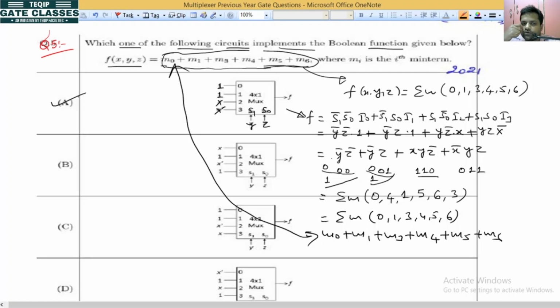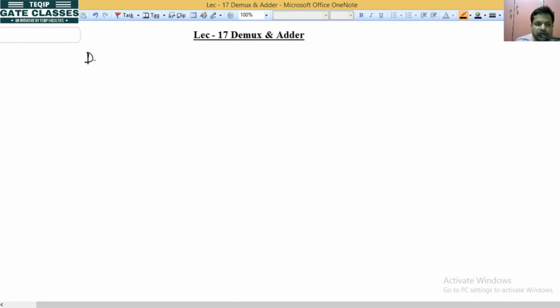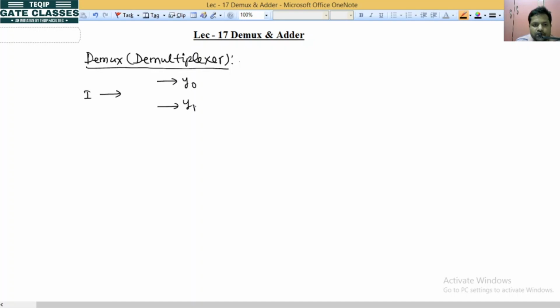So our next topic is demux. Demux means demultiplexer. In a demultiplexer, suppose we have one input data and we have two outputs here, that is y0 and y1.